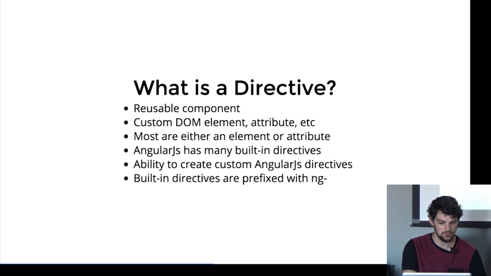It's a custom DOM element, and we can also make our own custom directives. Usually it's either an attribute or an element. We used an element in our example. And usually directives, not just the built-in ones, are prefixed with some kind of two to three character long prefix.